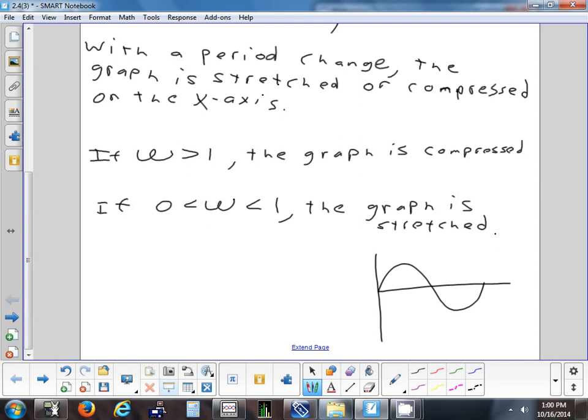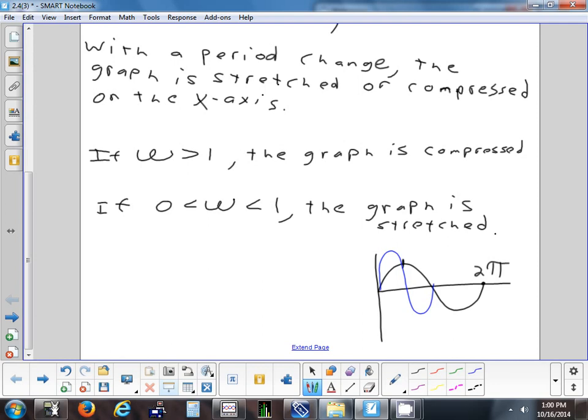What's the normal period of sine or cosine? 360. So we said the period of sine and cosine, before you change it, is 0 to 360 or 0 to 2 pi. So what we might have if we compress it is something like this.